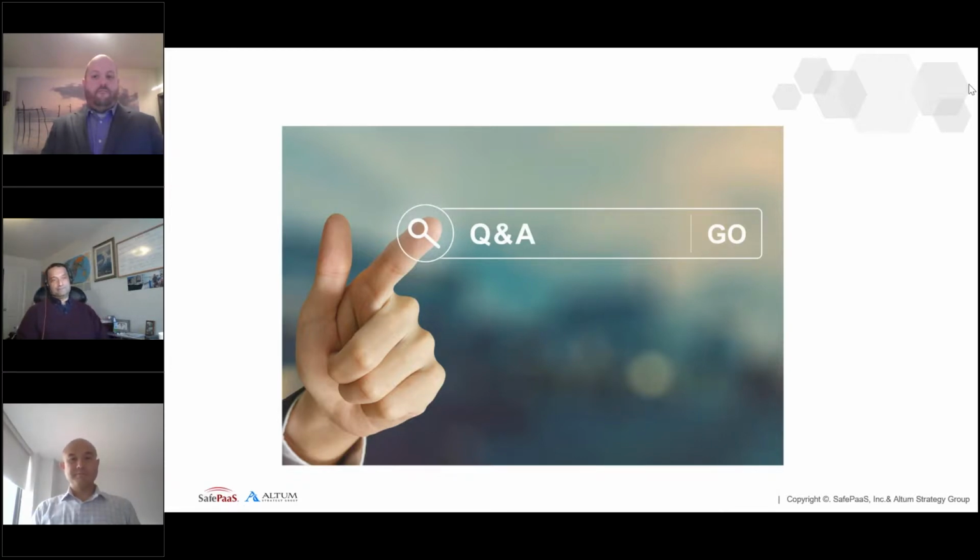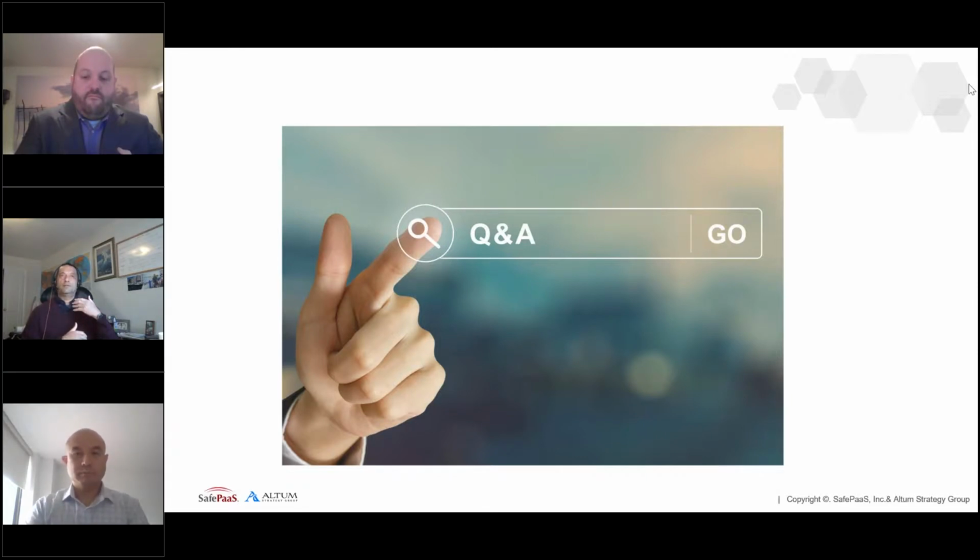Sounds good. What I hear there, just to sum it up from my perspective for our customers, is that it is a complex process. I recognize that and I deal with that complexity every day. But if you have a good coach, someone that can come in with pre-developed templates and best practices and capabilities like running some kind of an assessment using automated tools like SafePaaS provides its partners, you can get down to a very clean picture very quickly and a roadmap based on your business priorities, like Matt said.